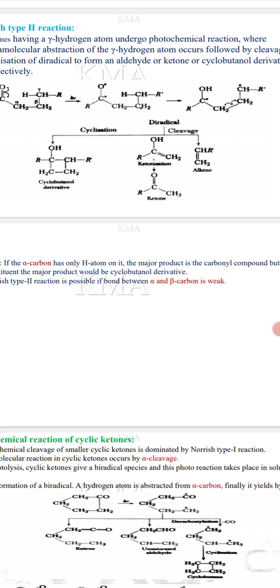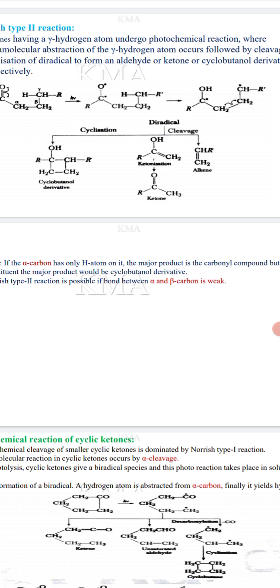Now the bond breaks at the beta carbon atom. This is called beta cleavage. So it forms a 1,4 biradical.